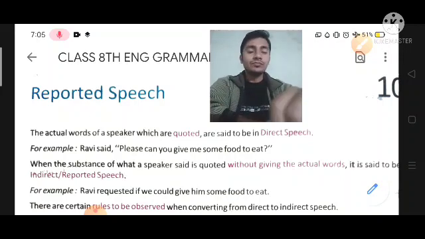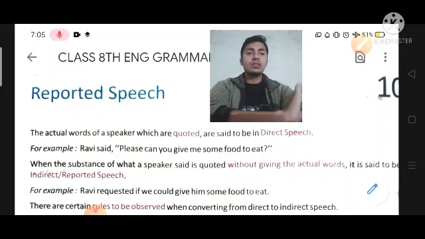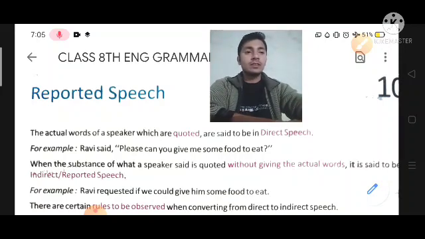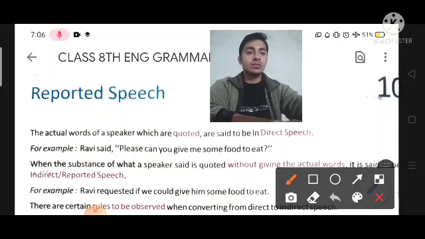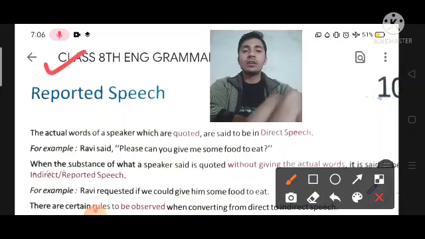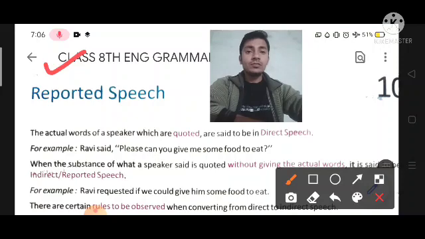After that, I want to tell you about grammar, as you can see over here. This is class 8th English grammar, and this is chapter number 10, reported speech.